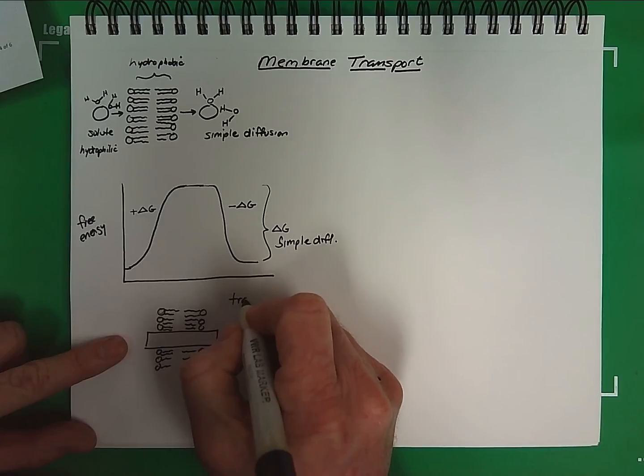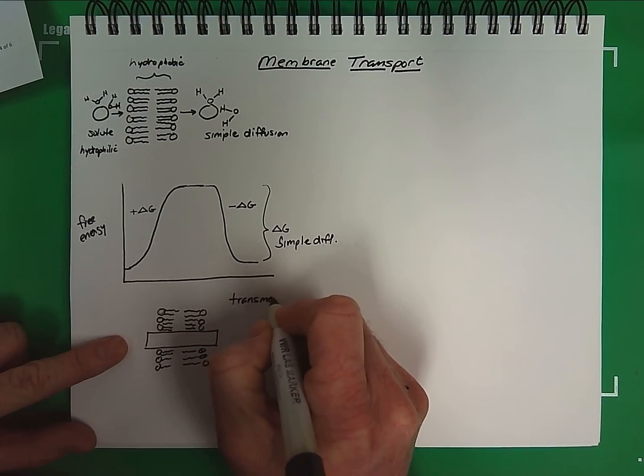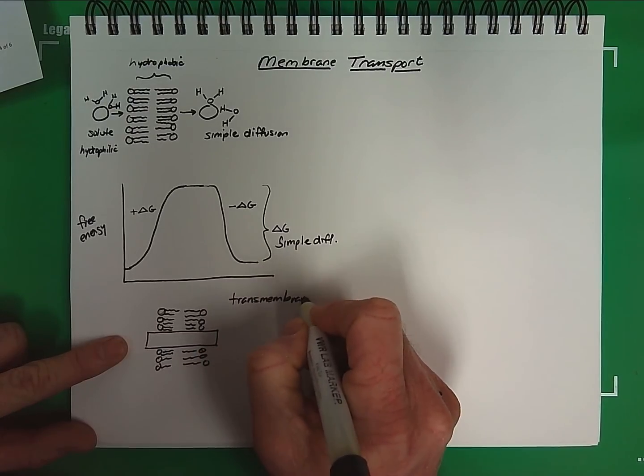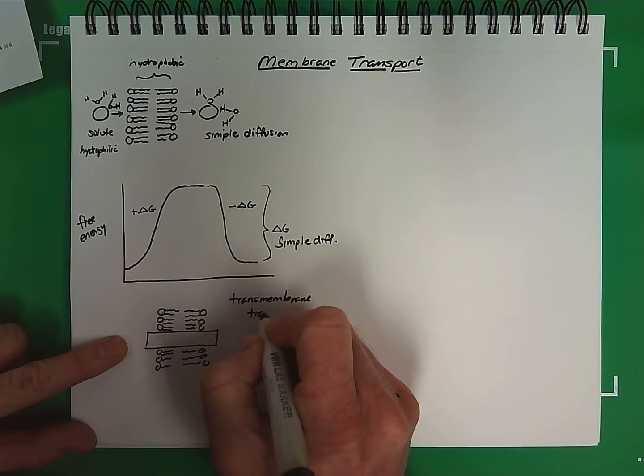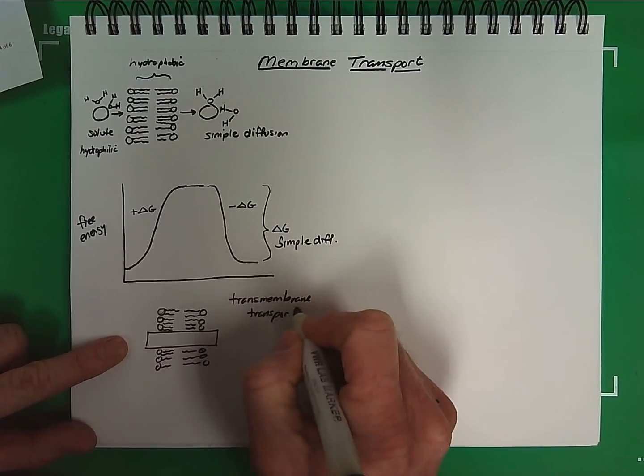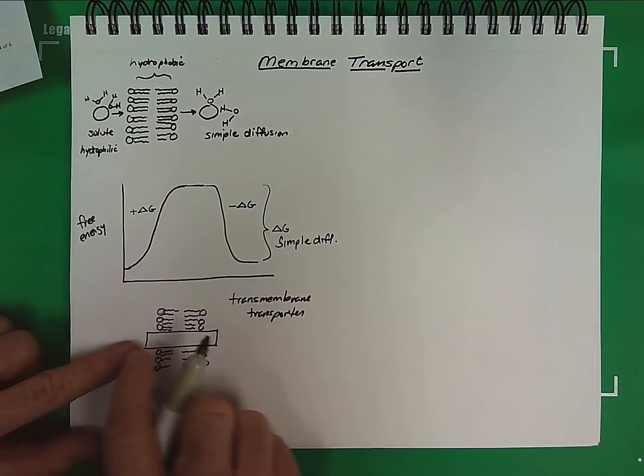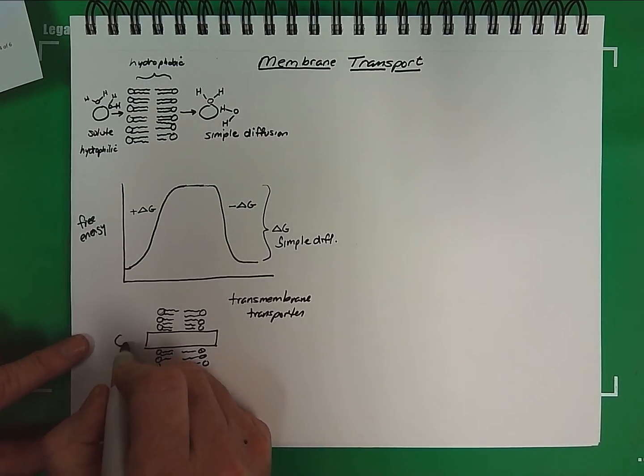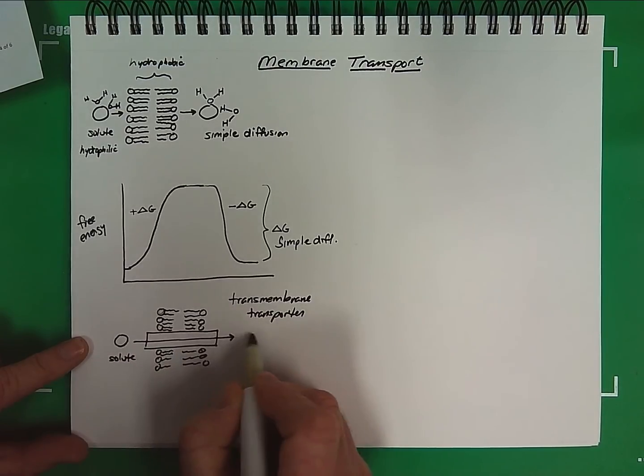Transmembrane means that it courses through the entire lipid bilayer. This is what we term a transporter because its job is to transport the solute from one side of a membrane to another.